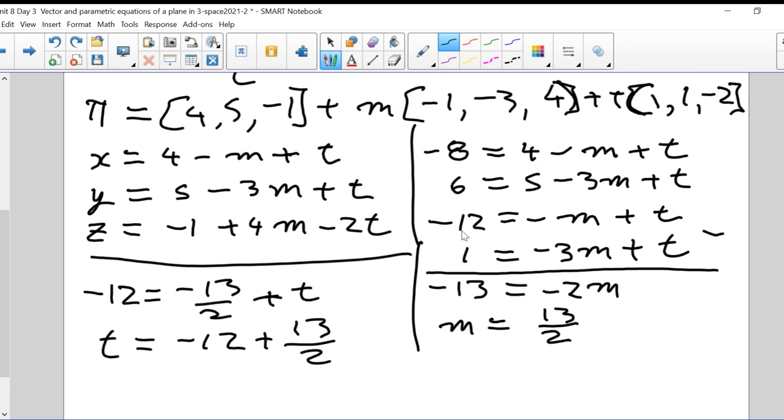Minus 12 is equal to minus m plus t. So minus 13 over 2. So what did I do wrong here now? Sorry. Shouldn't it be 2m? Yeah, I did. Oh, you mean positive 2m. Yeah, you're absolutely right. So let's fix that.